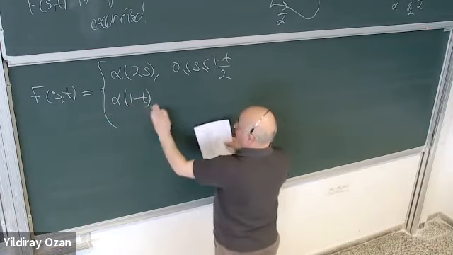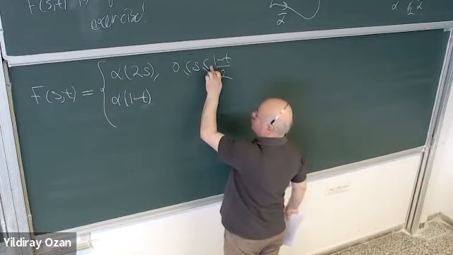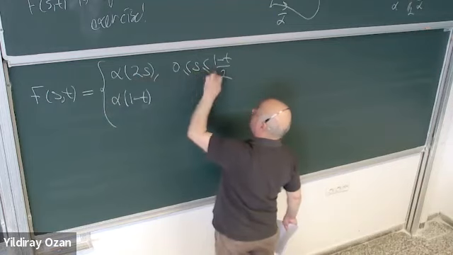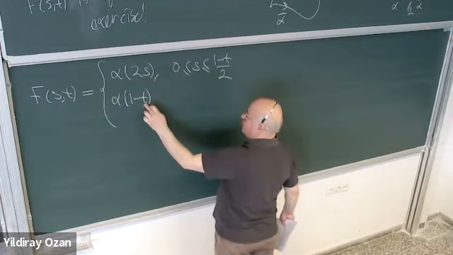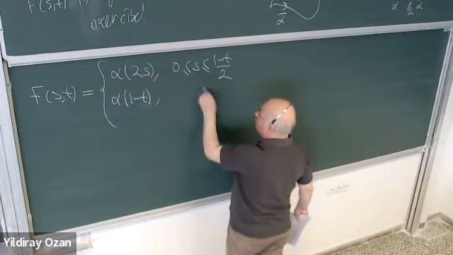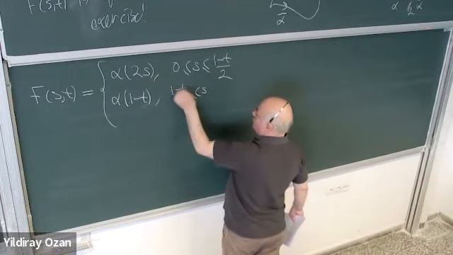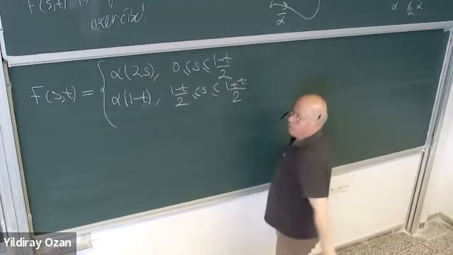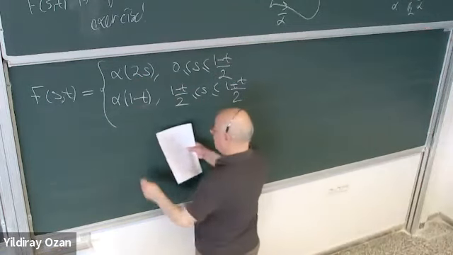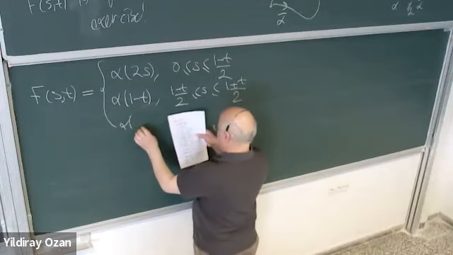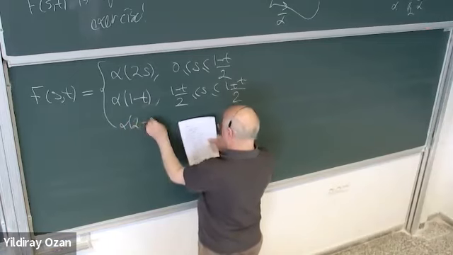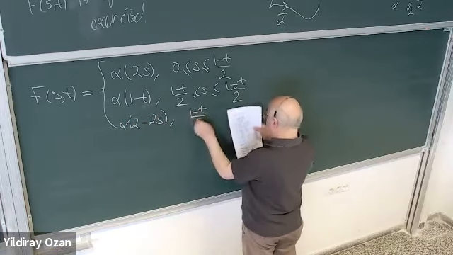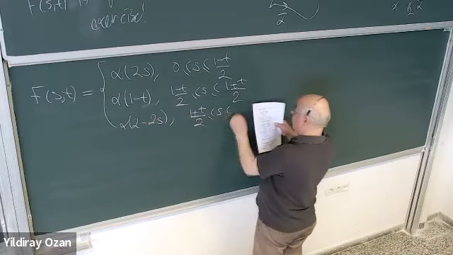And then, of course, when you reach this point, you are at the point alpha of 2 times this, which is alpha of 1 minus t. So you stay there. How long? From this time to this time. And then you just go back, 2 over 2 minus 2t, 1 plus t over 2, s equals 1.